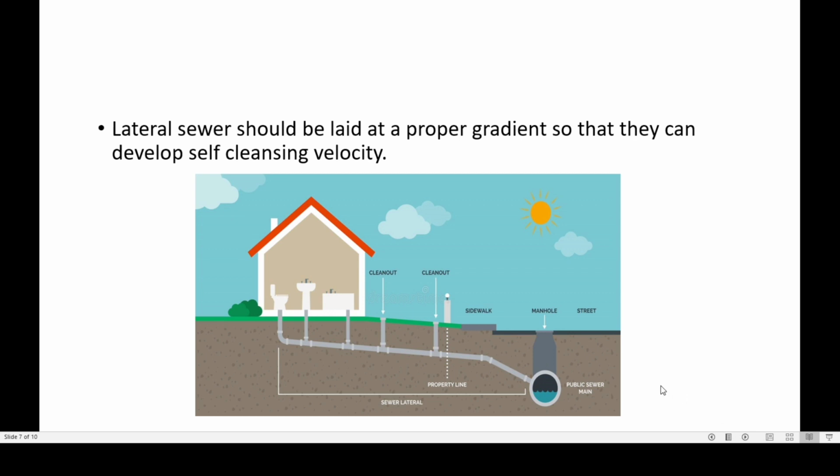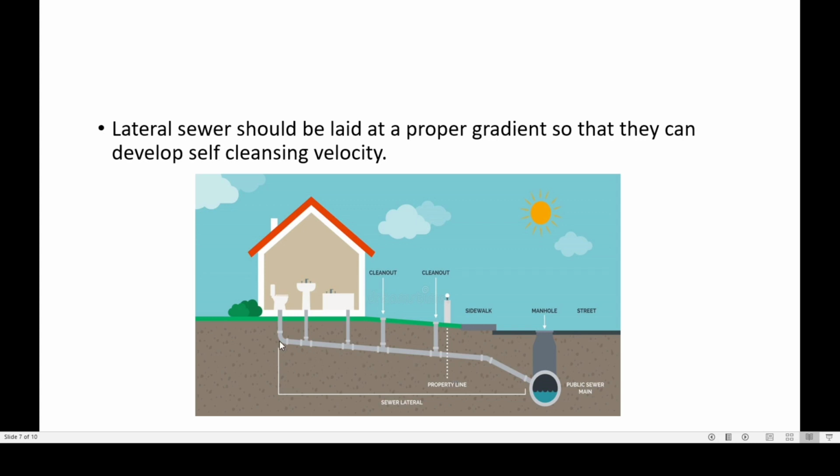Next principle, we have lateral sewers laid at proper gradients so that they can develop self-cleansing velocity. You can look at our illustration. We have a lateral sewer here, with a property line.